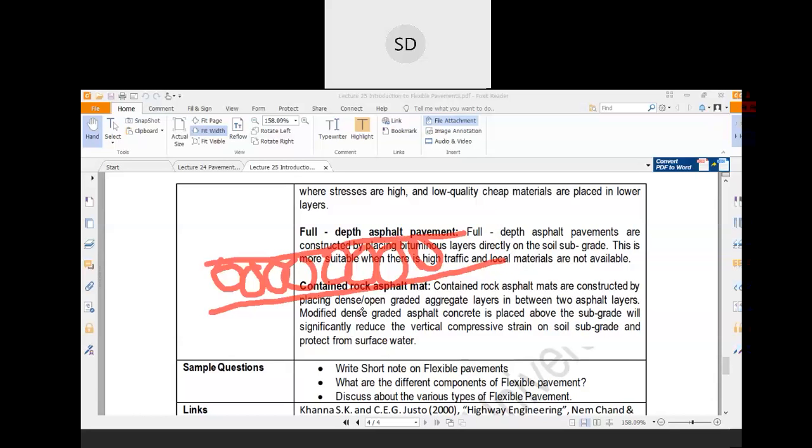So modified dense graded asphalt concrete placed above the subgrade will significantly reduce the vertical compressive strain on the soil subgrade and protect it from the surface water.